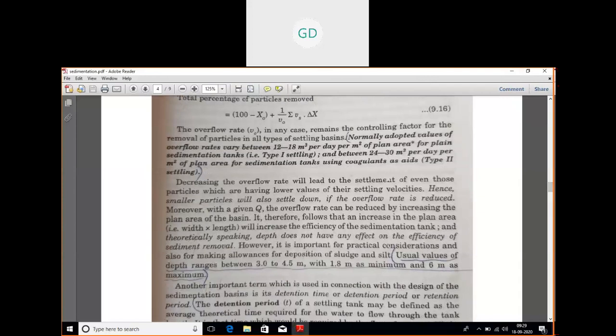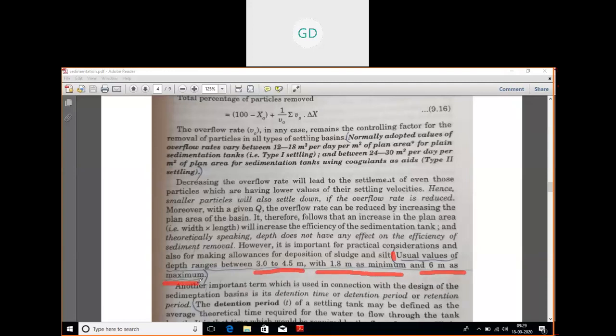After writing that one, you proceed to write from here the values of depth. The usual values of depth, that is the water tank depth, range between 3 to 4.5 meter with 1.8 meter as minimum and 6 meter as maximum.